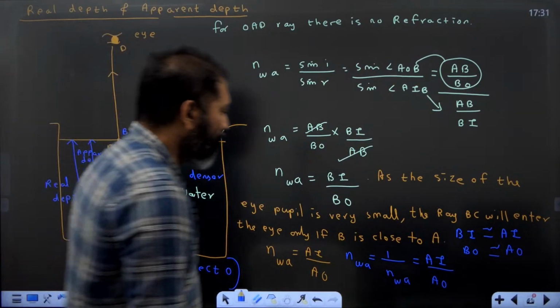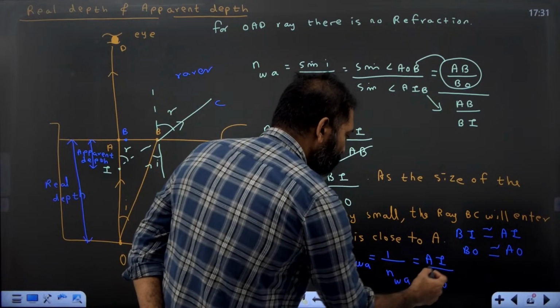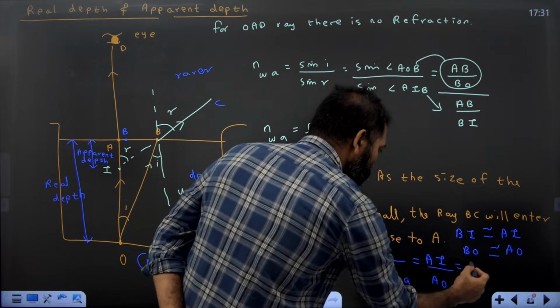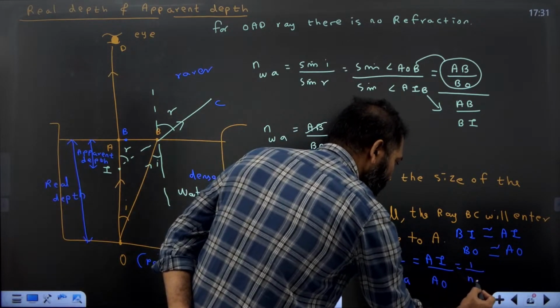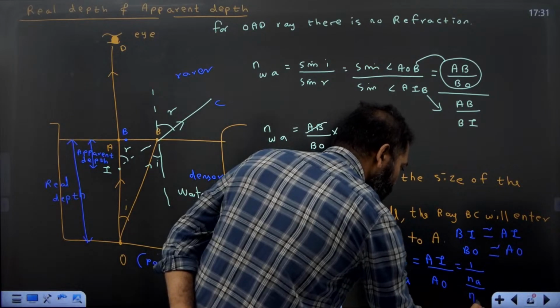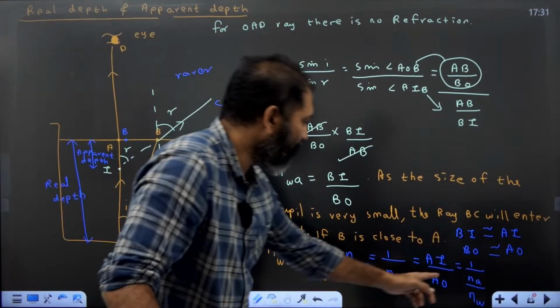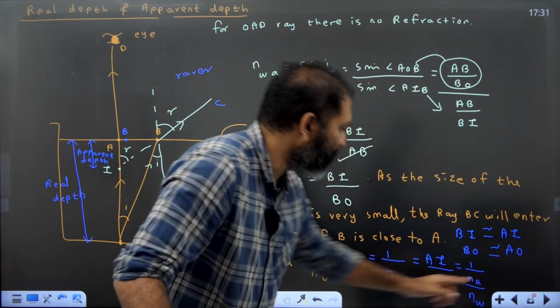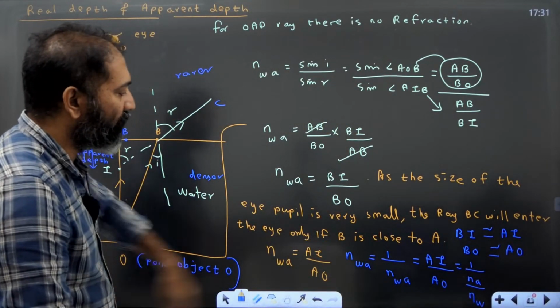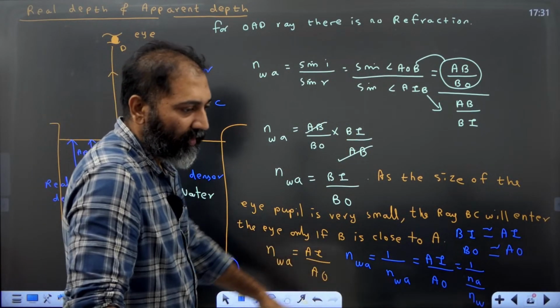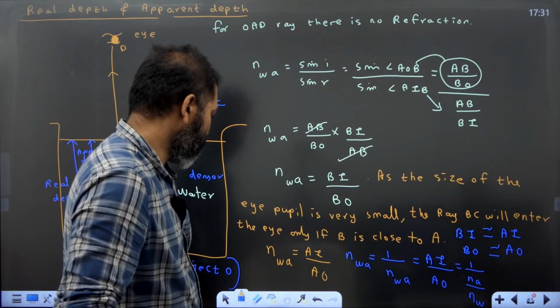Here, what is refractiveness of water with respect to air? 1 by refractiveness of air divided by refractiveness of water, അല്ലേ? ഡൗട്ട് ഉണ്ടോ മക്കളെ? ഞാൻ റിപ്പീറ്റ് ചെയ്യണോ?